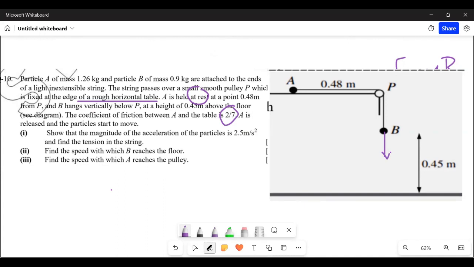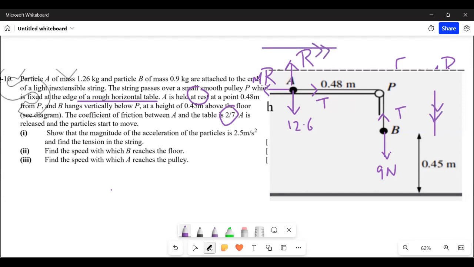So it's going to be 0.9 times 10, so 9 newtons. Then there's going to be a tension pointing upwards. Then there's going to be a weight pointing downwards here, mg, which is going to be 12.6 newtons, and an upward force, which would be the normal contact force, a force of tension towards the pulley, a force of friction, which would be mu R, in the opposite direction. The movement is going to be in the downward direction, and for A, it's going to be towards the right.